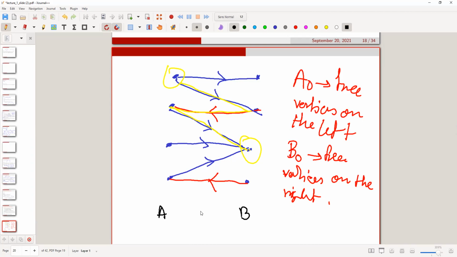Because it's bipartite, when you go on a blue arrow, the next one should be red. And suppose there was an augmenting path, then it would have to start on a free vertex and end on a free vertex, and you would always follow the directions which you assigned.